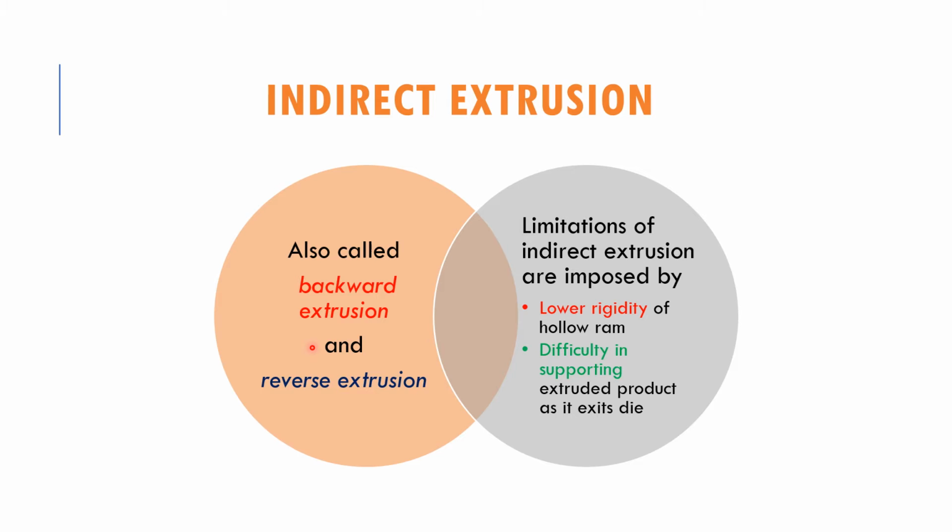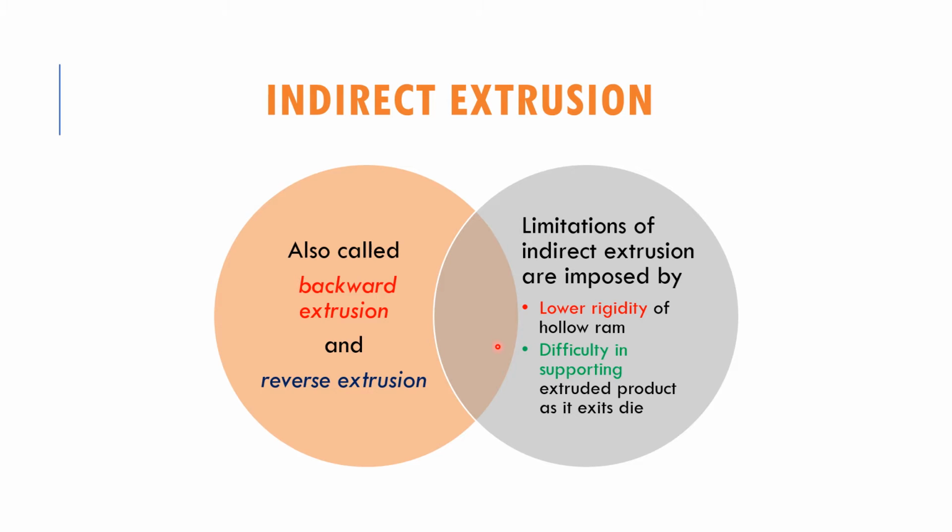The limitation for indirect extrusion is the lower rigidity of the hollow ram, because if you can see, it is going directly inside the work material, so there is low rigidity and it is difficult to support the extruded product also.